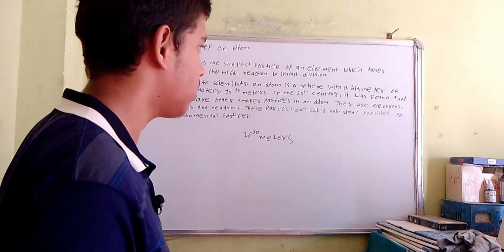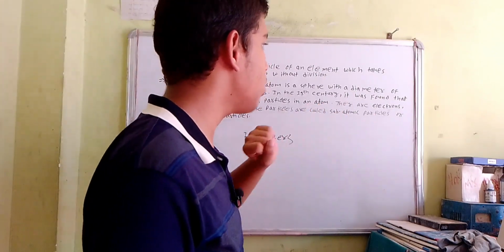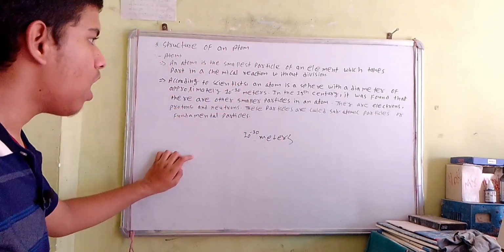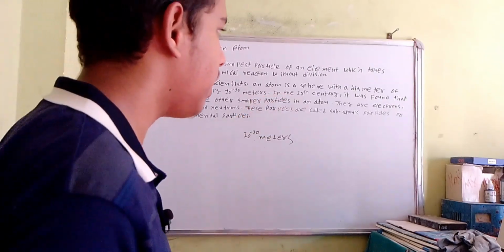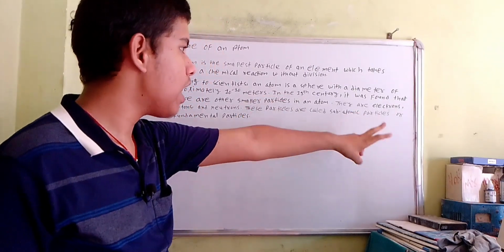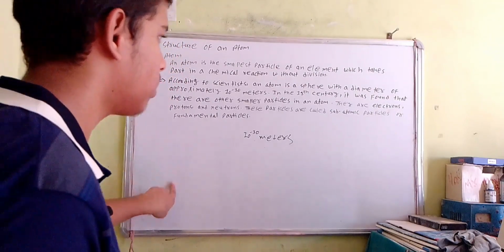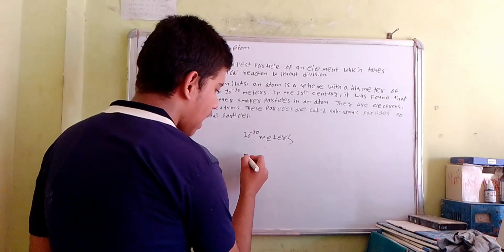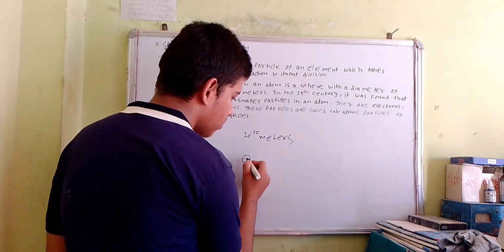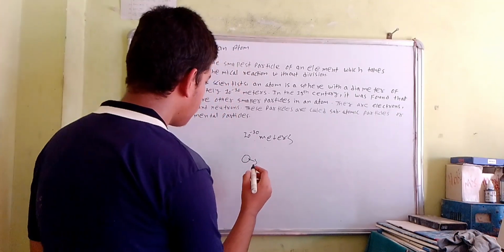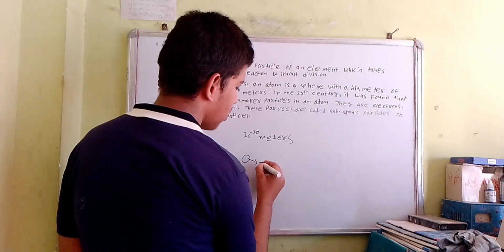In the 19th century, it was found that there are other smaller particles in an atom. They are electrons, protons, and neutrons. Inside the atom, there are some particles which help to form an atom. The first particle is electrons.